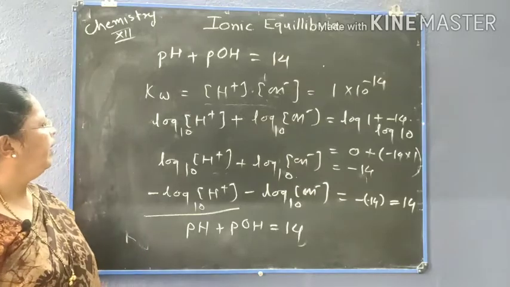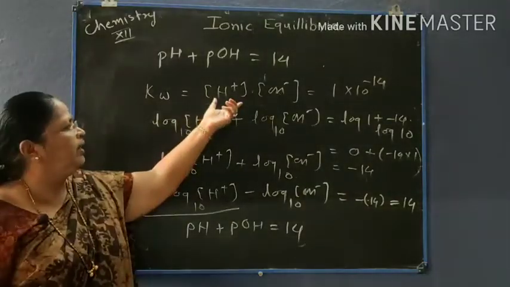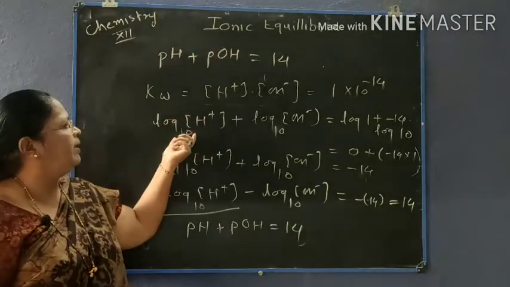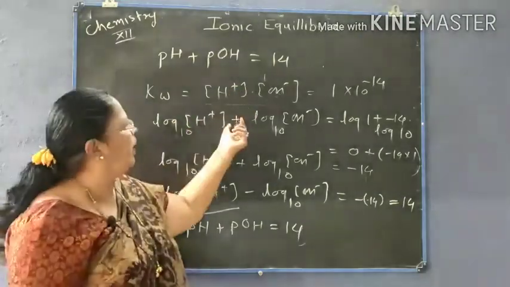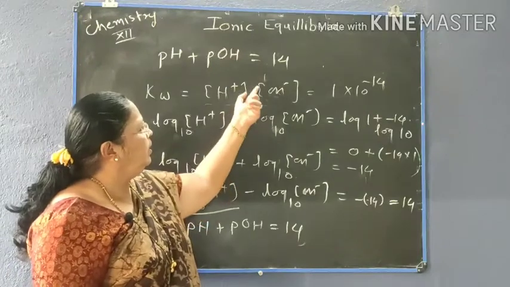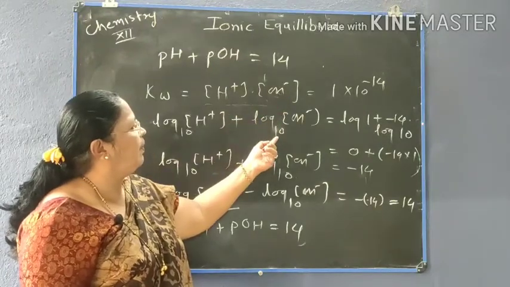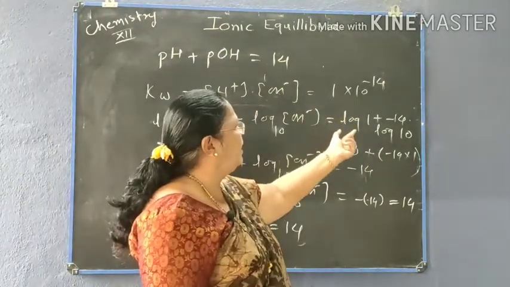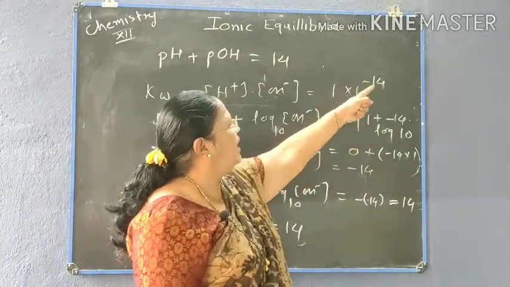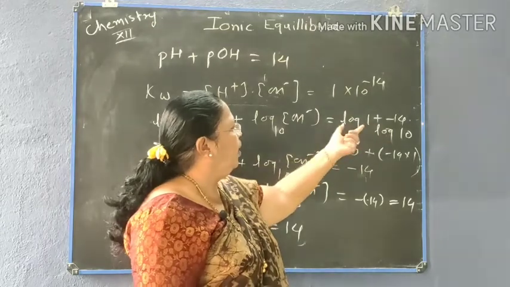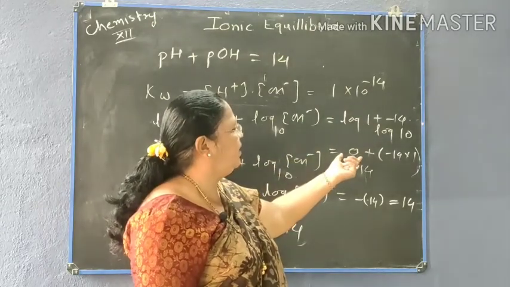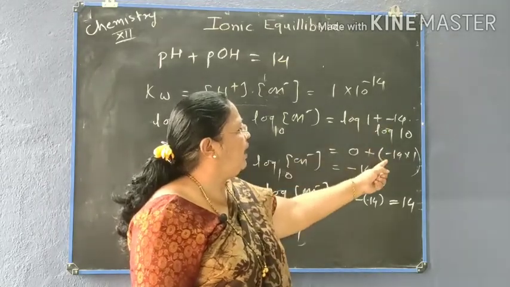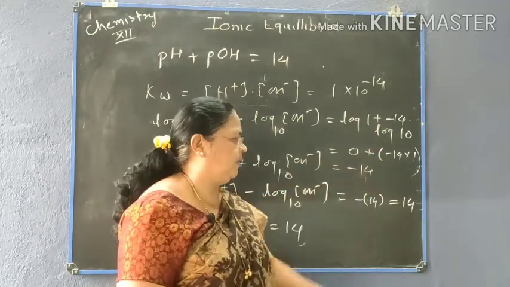Take the logarithm of this equation: log of the concentration of H plus ions to the base 10, and since it is multiplication, addition, the logarithm of the concentration of OH minus to the base 10, which is equal to log of 1 plus minus 14 into log of 10. Log of 1 is 0, log of 10 is 1, and minus 14 into 1 is minus 14.